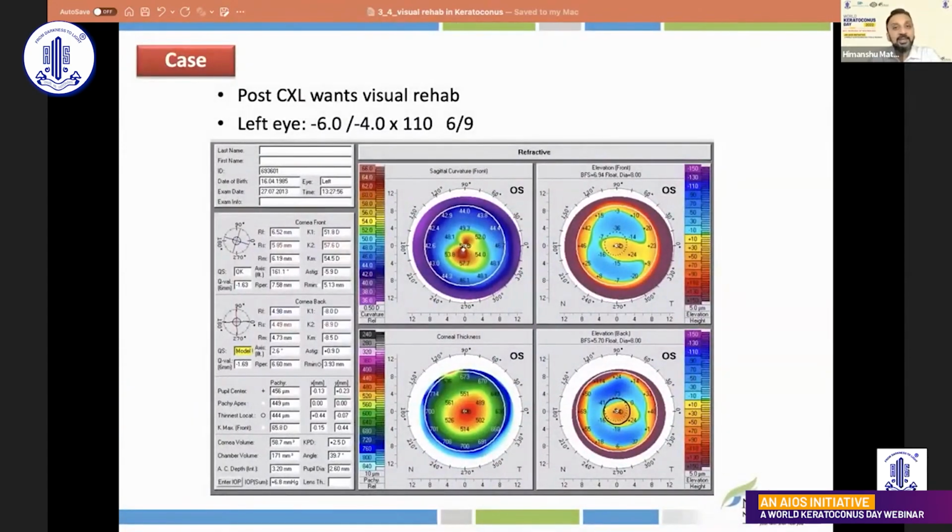So does it mean that everybody we can use such kind of lenses, even though the case here looks like a very central cone? And I was quite happy to offer this procedure to my patient.